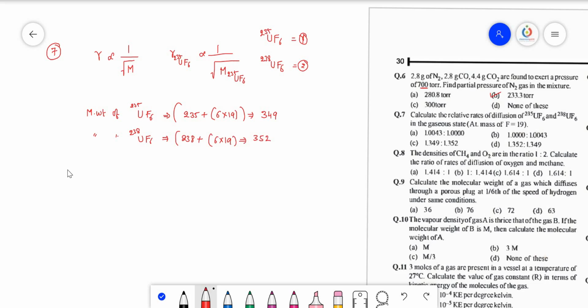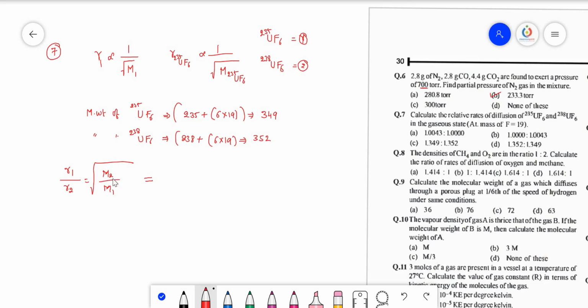that equals 352. Now let's see: rate of diffusion of the first gas divided by rate of diffusion of the second gas is equal to the square root of the molecular mass of the second gas divided by the molecular mass of the first gas. Because if you take the reverse, R1 by R2 means the M2 value comes to the numerator after cancellation of the constants.